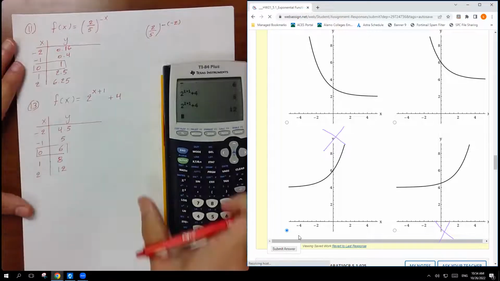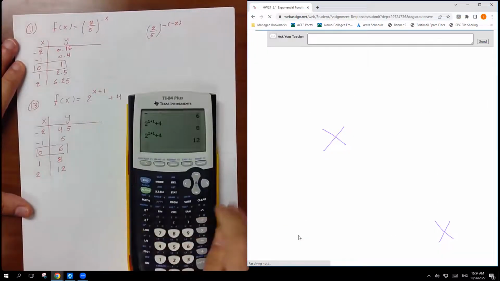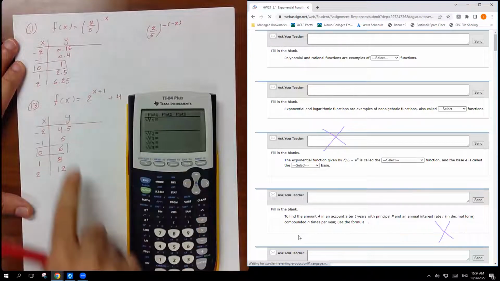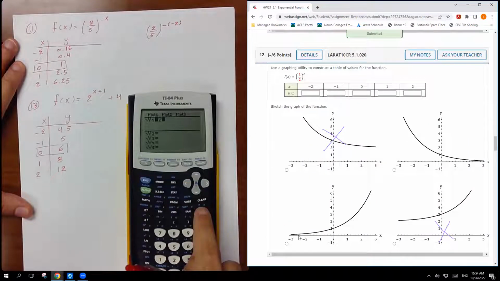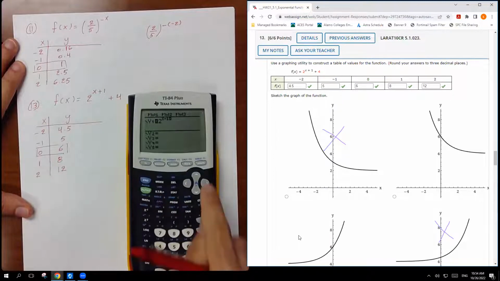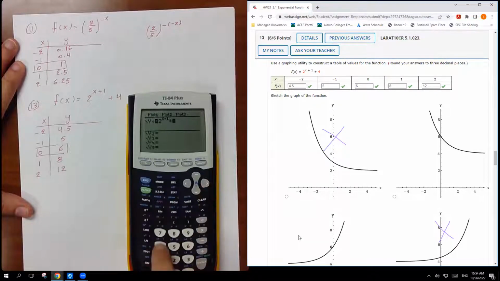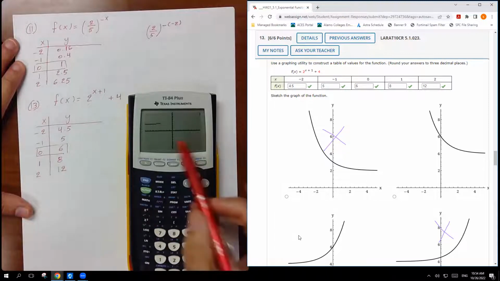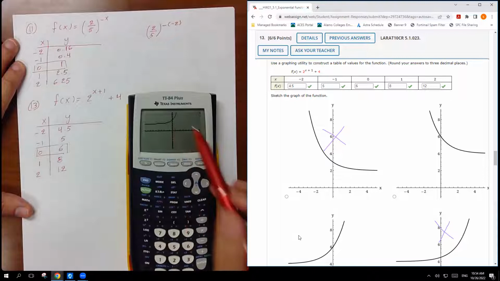So what we're going to do, we're going to graph our function. So y equal 2 to the power x plus 1, go down plus 4. Graph, and our function is going to be, look, going up. You can zoom out.